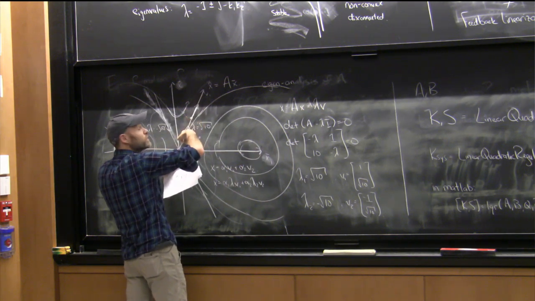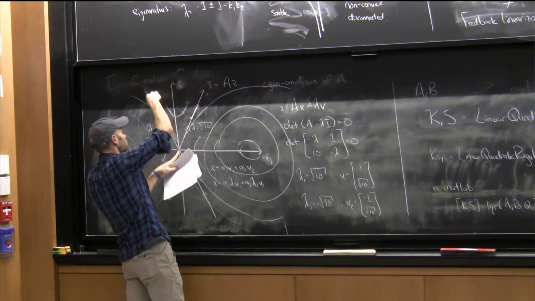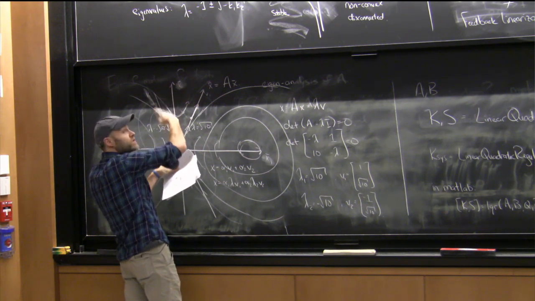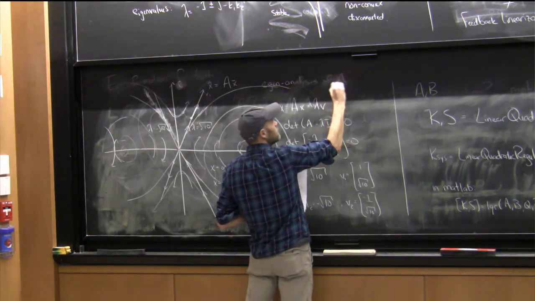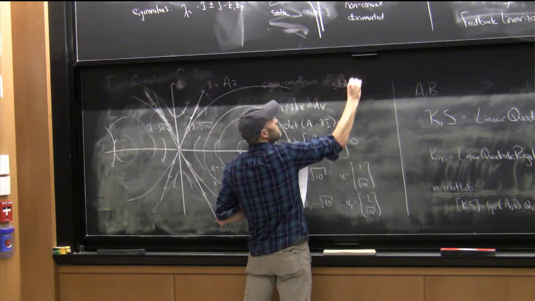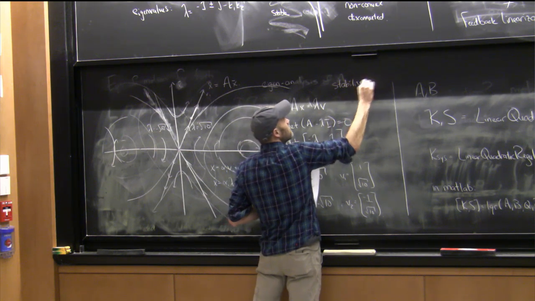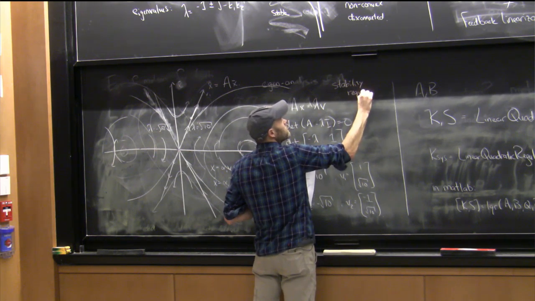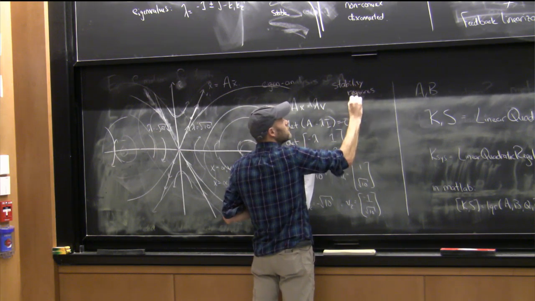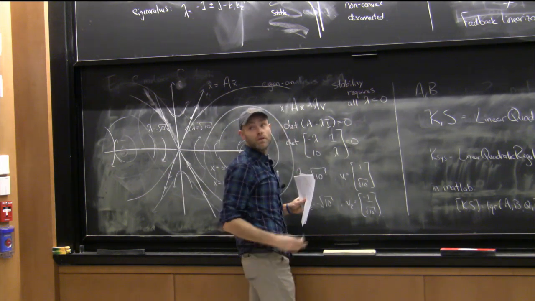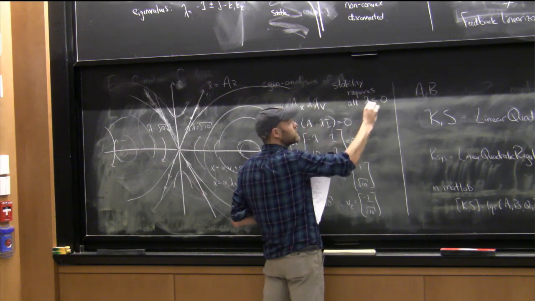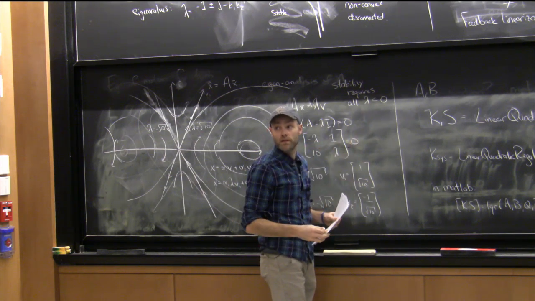If lambda is negative, I'm moving this way. And similarly, wherever I am, I'm either moving towards the origin or away from the origin. So the condition for stability requires that all eigenvalues are less than 0. Less than or equal to 0 if you want marginal stability, strictly less than 0 if you want convergence.